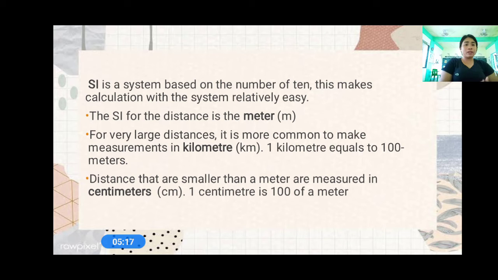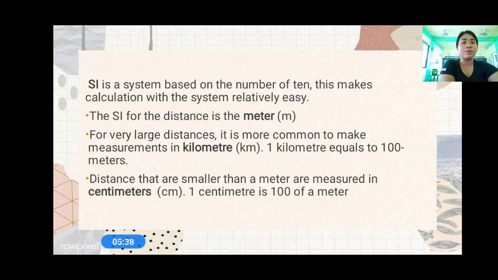M is for meter. The SI unit for very large distances is kilometer or km. Km is for kilometer. The SI unit for distances smaller than a meter is centimeter or cm. Cm is for centimeter. Do you understand?